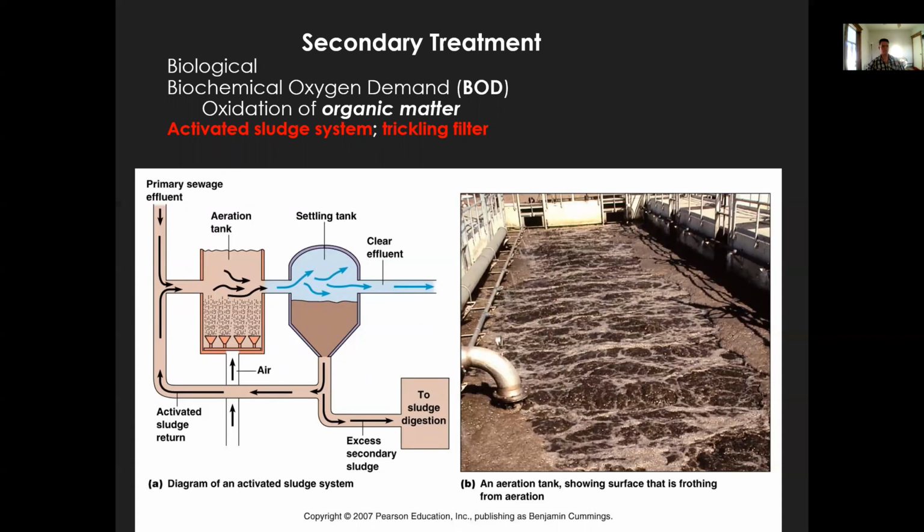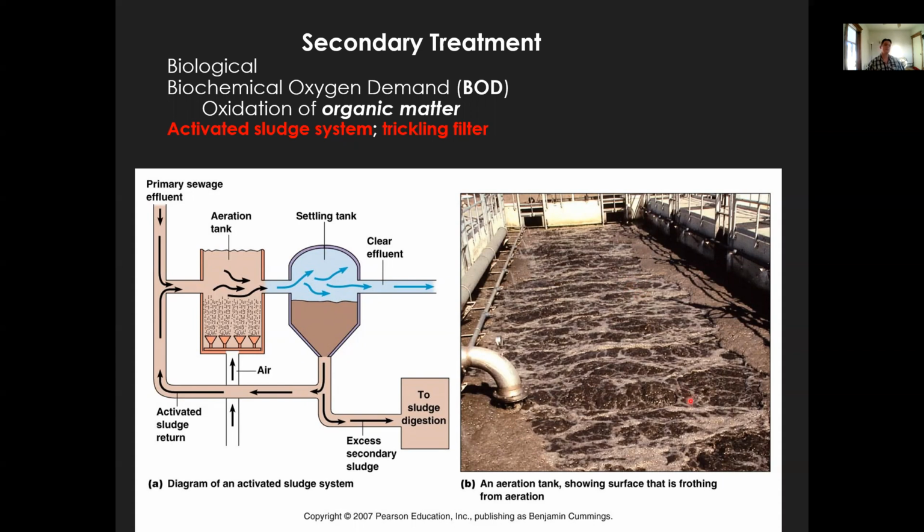Where's my mouse? There we go. Here you can see an aeration tank. And you can see how the water is broiling and almost frothing. That is because the treatment plant is actively pumping oxygen and air into this tank. And the reason for that is that these processes that remove the carbon from the water are aerobic processes.